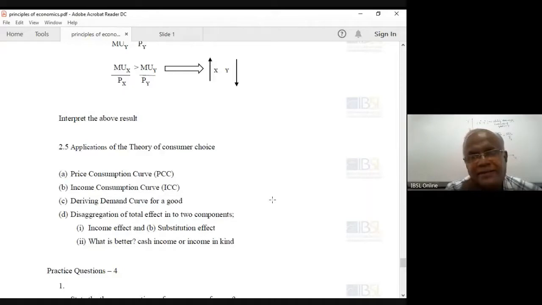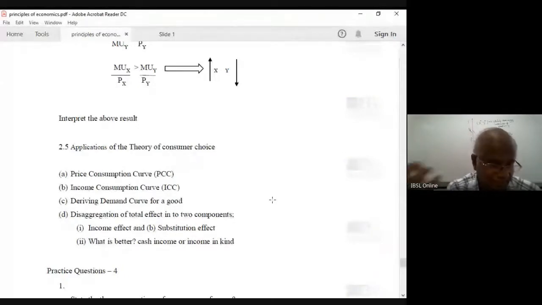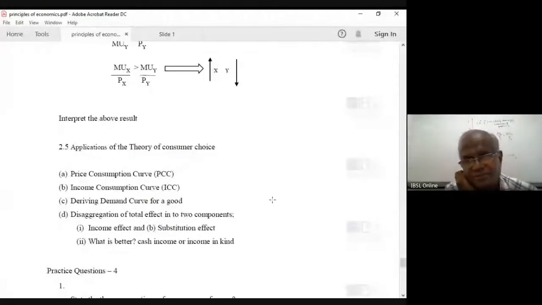Because then consumer independence is there, no? Consumer sovereignty. So long as consumer choice, independence and sovereignty are enhanced, that policy is a better policy.